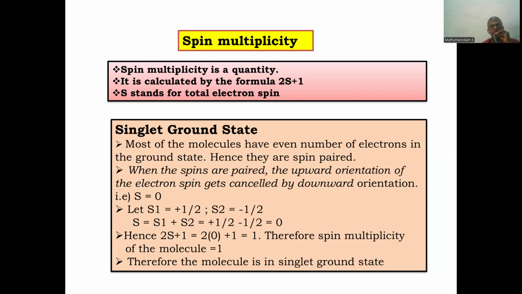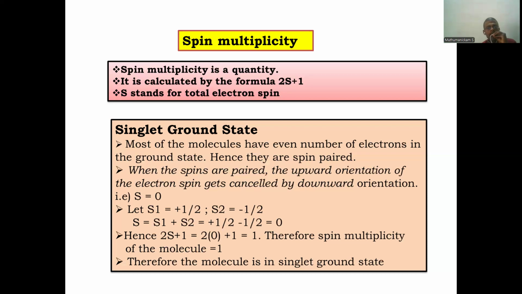When you calculate the spin multiplicity, the total electron spin is S1 plus S2, that is, plus half and minus half. Therefore, the total electron spin value is 0.